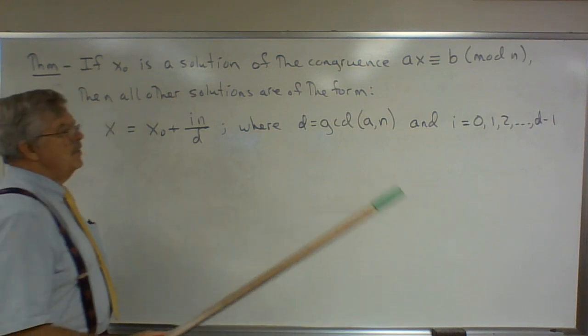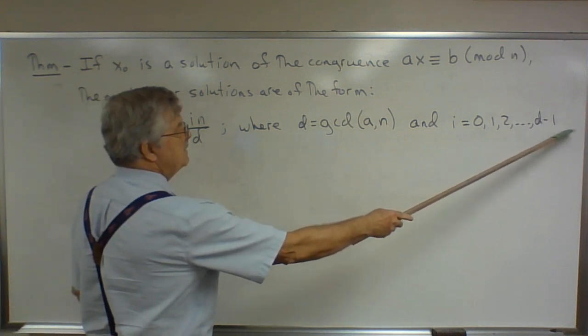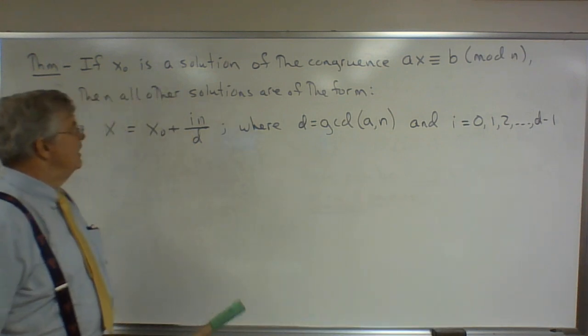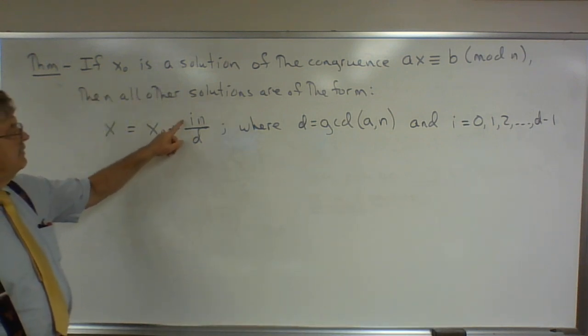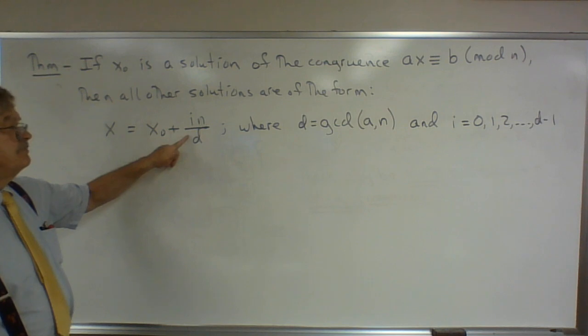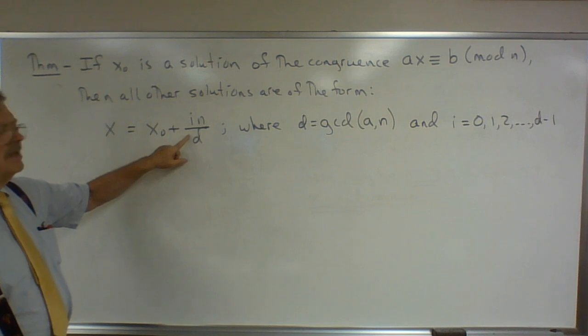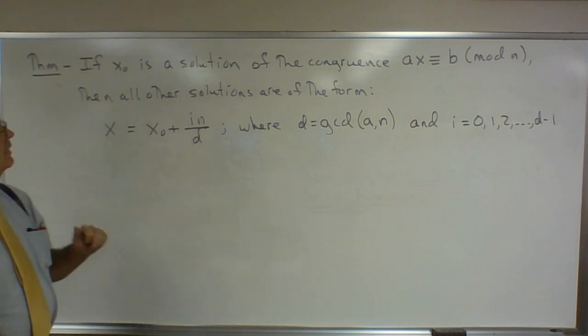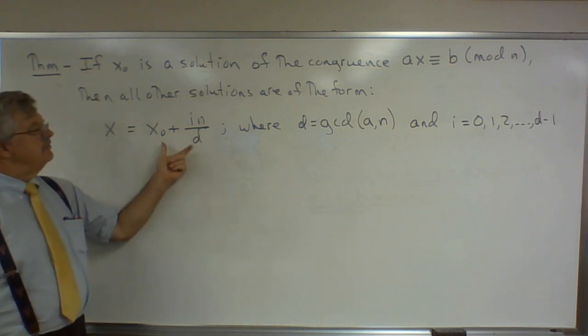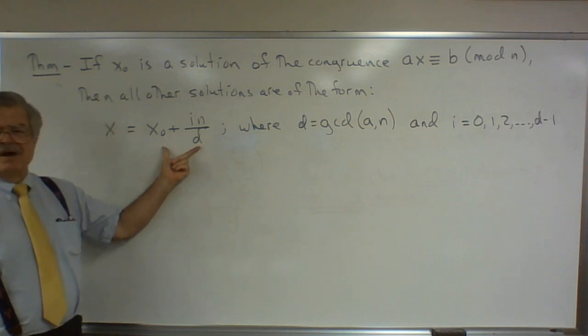And if i were allowed to go all the way to d, that would give us x naught plus n. But x naught and x naught plus n differ by n, so they're congruent mod n.